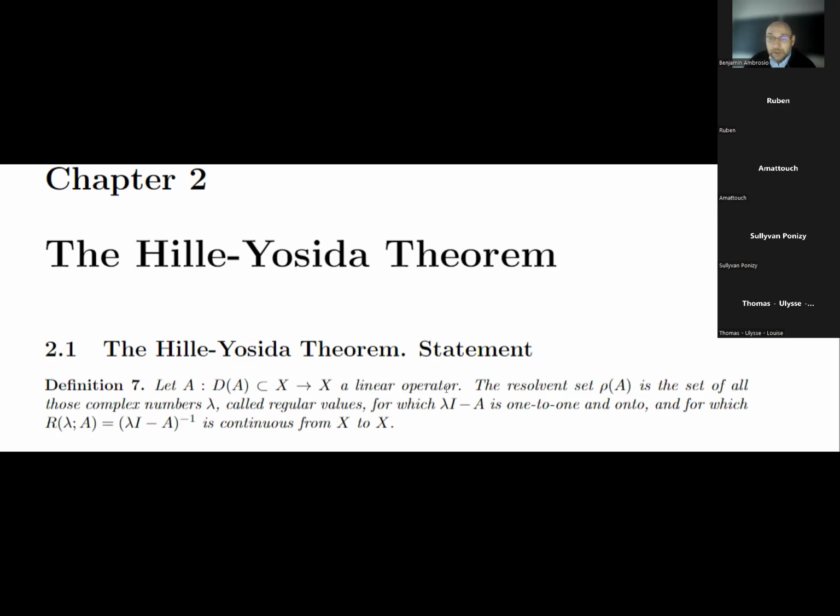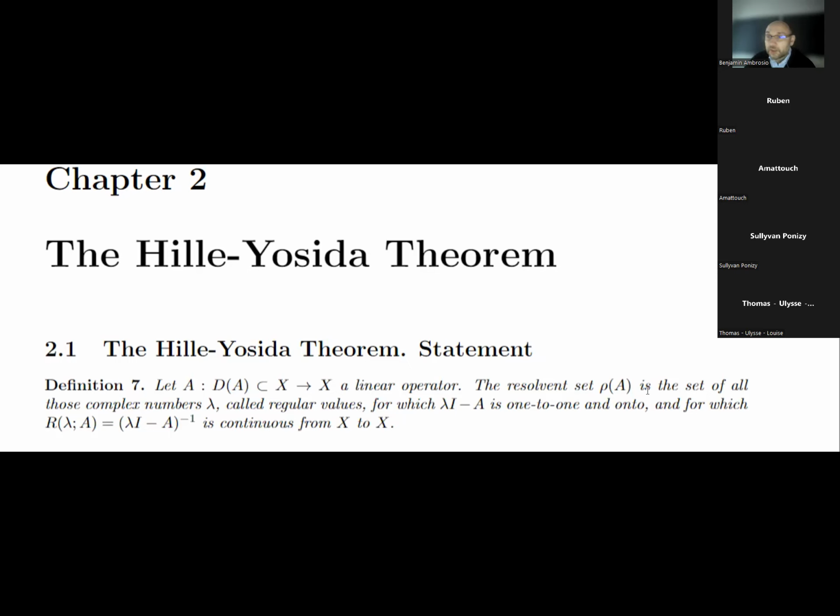So in a finite dimensional setting, you only have two cases. If lambda I minus A is injective, then you don't have eigenvectors associated with the eigenvalue lambda, so lambda will not be an eigenvalue.